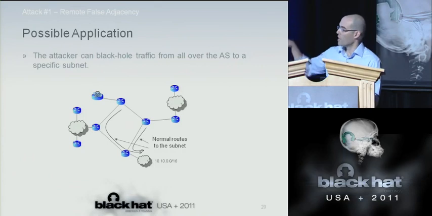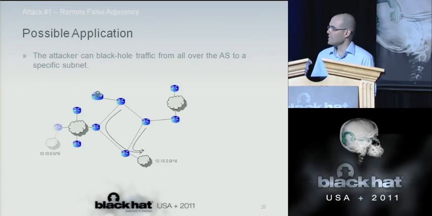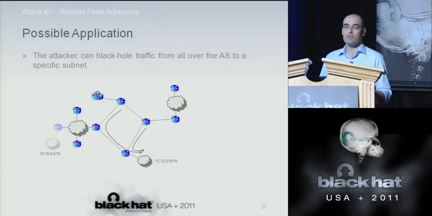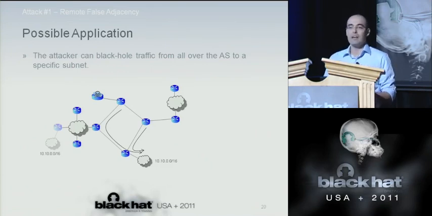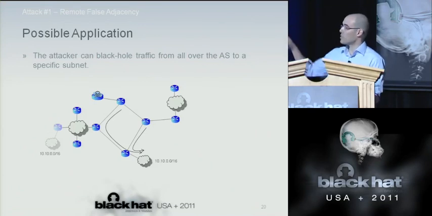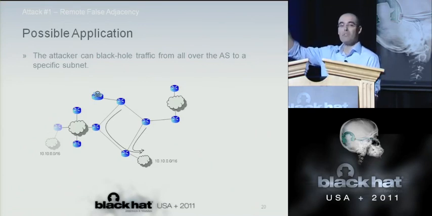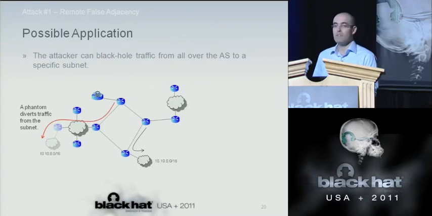These are the normal routes to the subnet. So now we can set up the phantom router on the left side of the autonomous system, while having this phantom router advertise an LSA as if it was connected to this stub network. And now all the routers which are closer to the phantom router will reroute the traffic to the phantom, meaning that actually the traffic will be black holed.